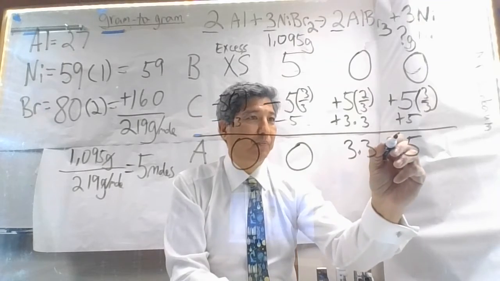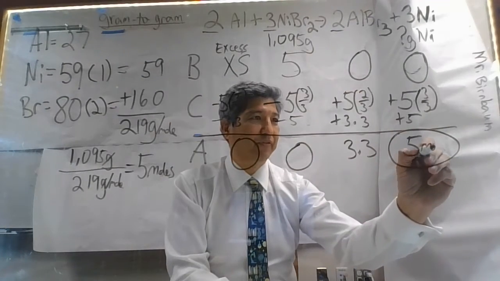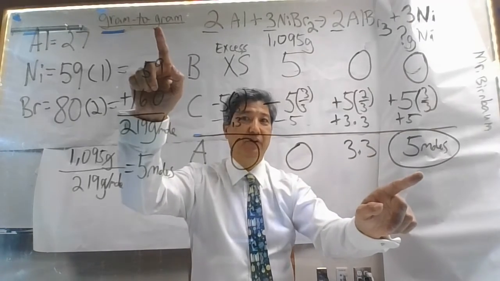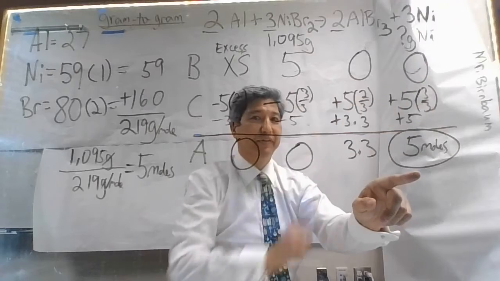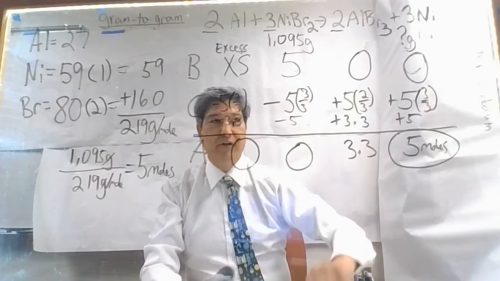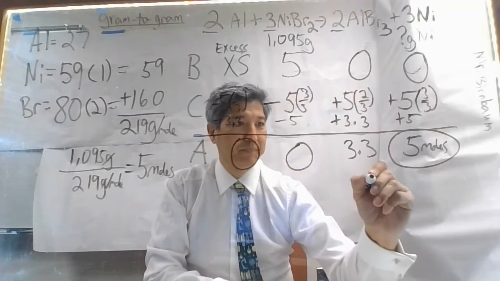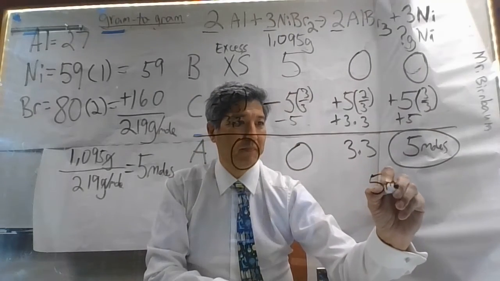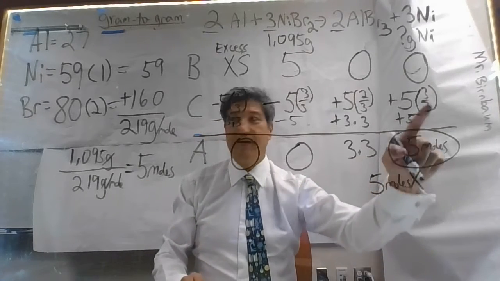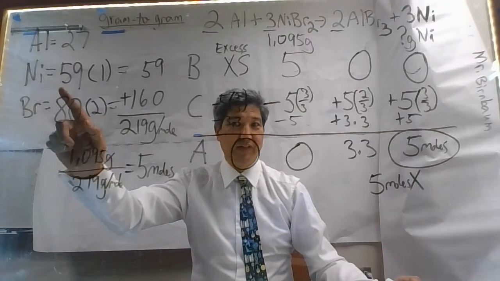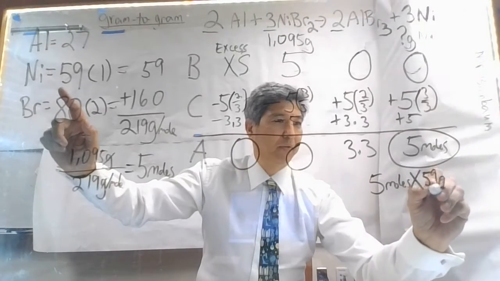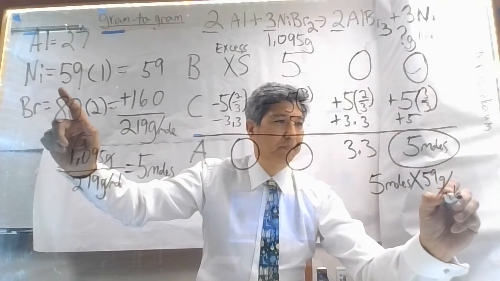Okay, so if I have 5 moles of nickel, now I've got to figure out, grams to grams, how many grams this is. So what I'm going to do is go 5 moles times, and my nickel is 59 grams per mole. So I'm going to times that by 59 grams per mole.